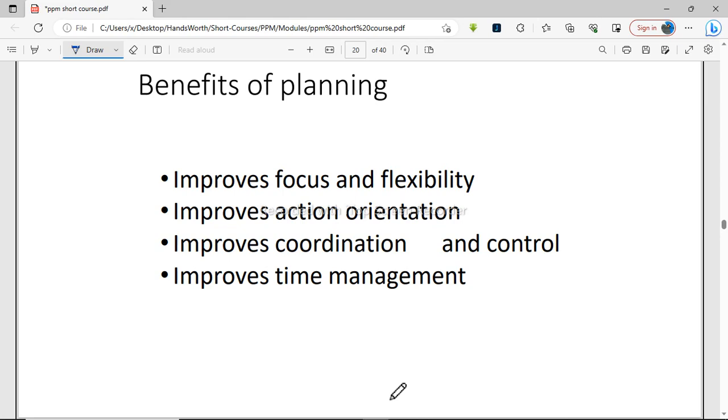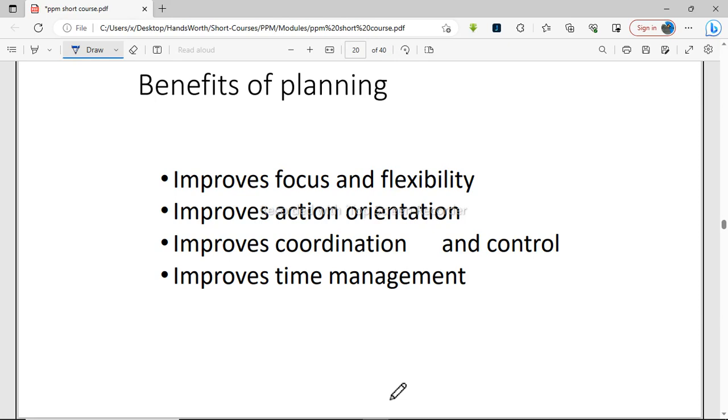And if you see there's an error or a mismatch, you can come in as a project manager and take the required courses of action to rectify that error or mismatch, so that things can begin to flow according to what was intended in the plan. And that process is what is known as control and coordination.